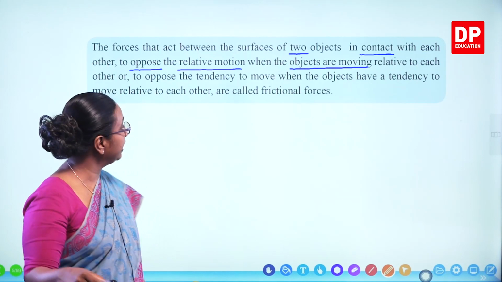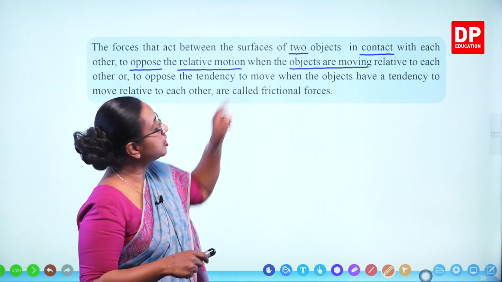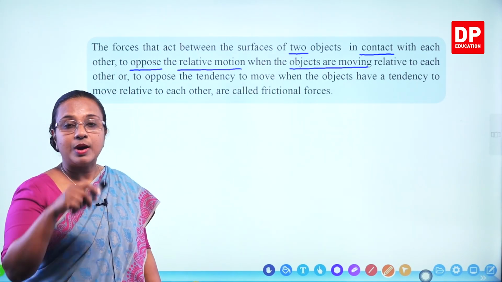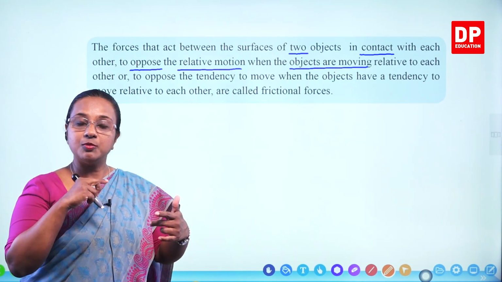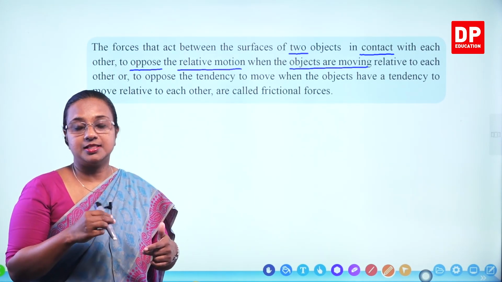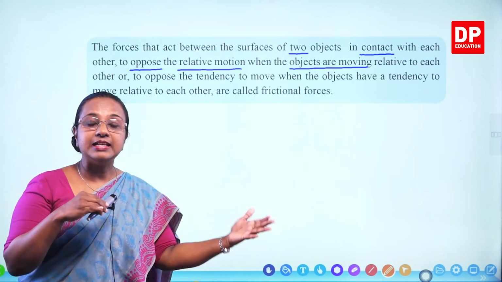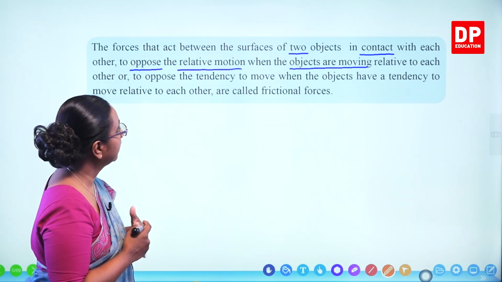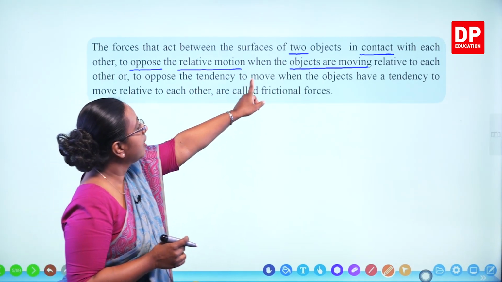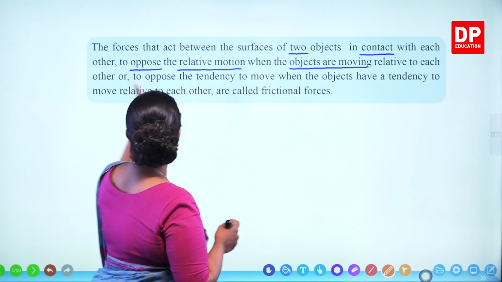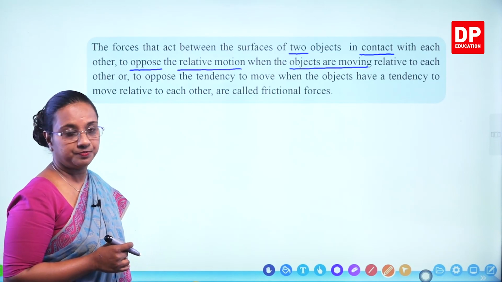So, it's a moving object. There are two surfaces, and both the surfaces are moving relative to each other. The pencil is moving relative to the table and the table is trying to stop it. That is what we say when objects are moving relative to each other.